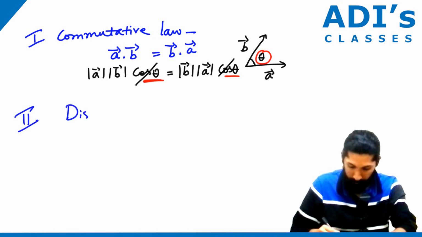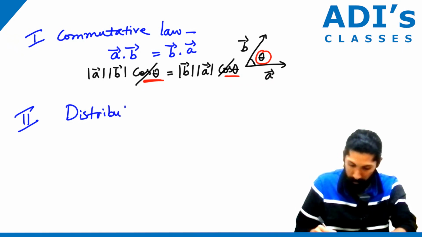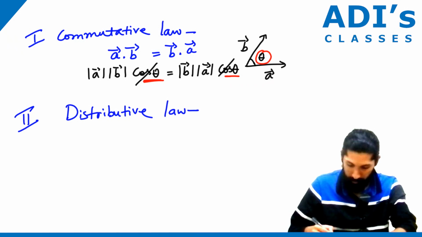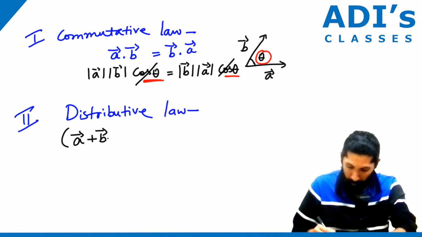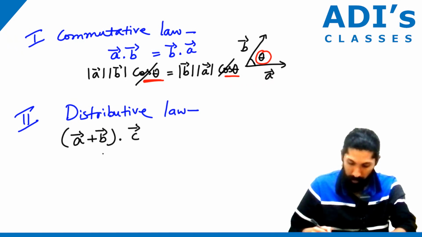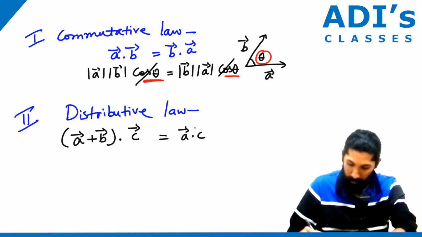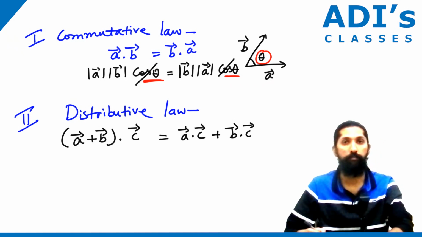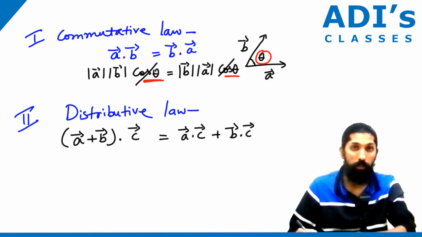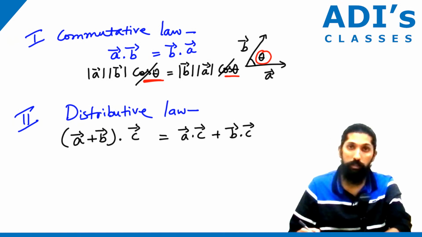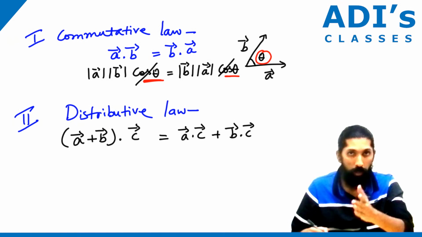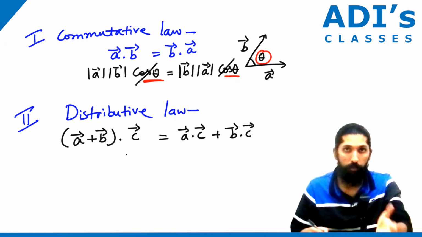The next law is the distributive law. Now in this case, suppose you have vector A plus vector B dot vector C. This becomes vector A dot vector C plus vector B dot vector C. So we get both A dot C plus B dot C. So this is distributive law of multiplication over addition for the dot product.